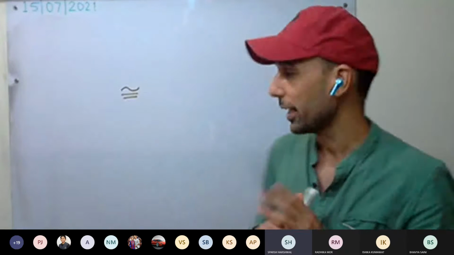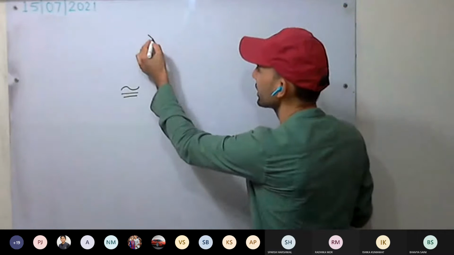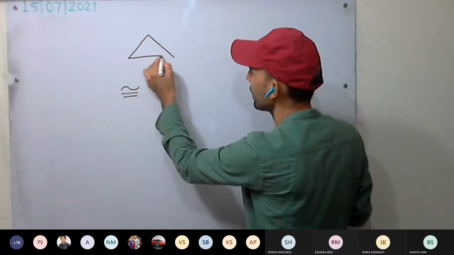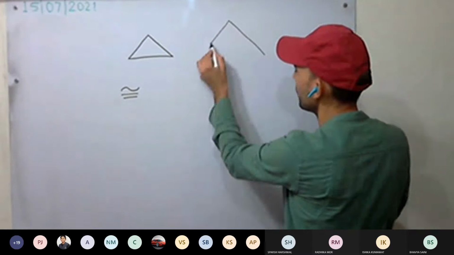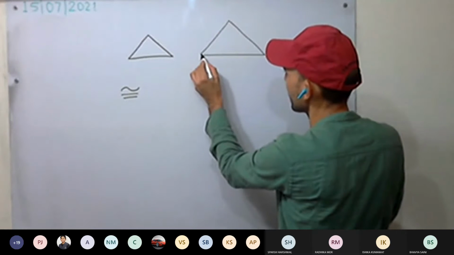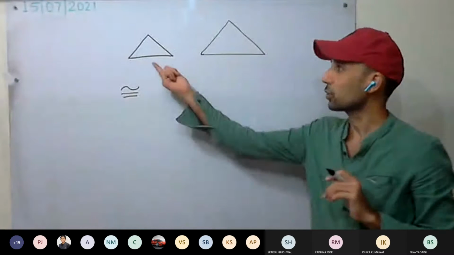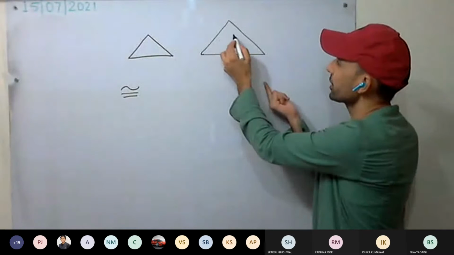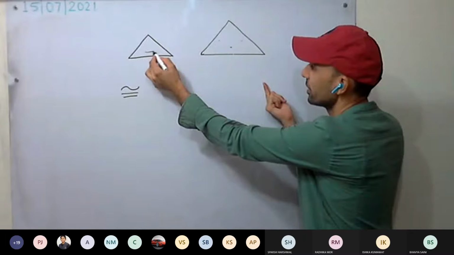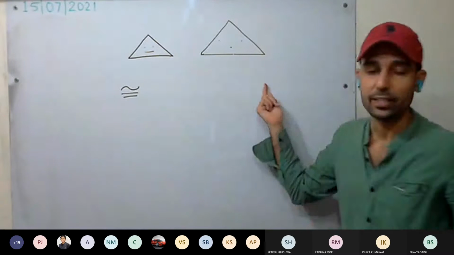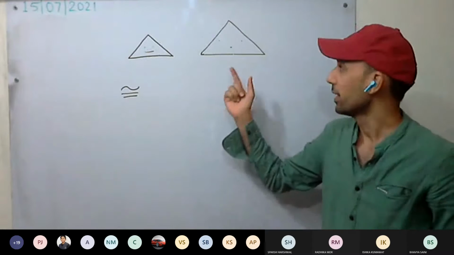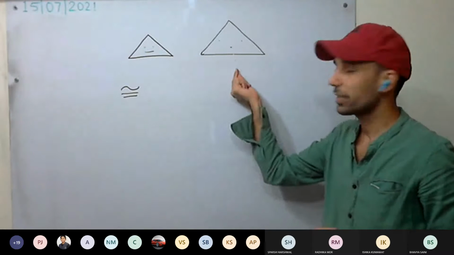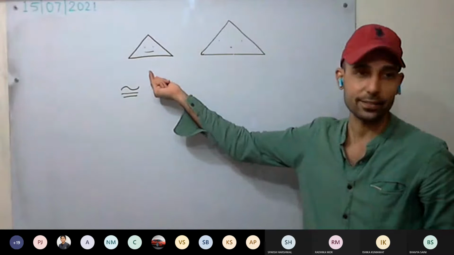Yes, sir. Okay, take one example here. Take this triangle. Take these as two persons. They were twins when they were born. Now this person has eaten a lot and grows in size, and this person has eaten less.